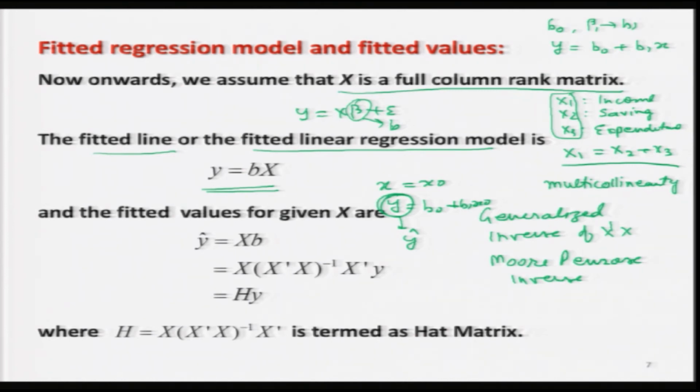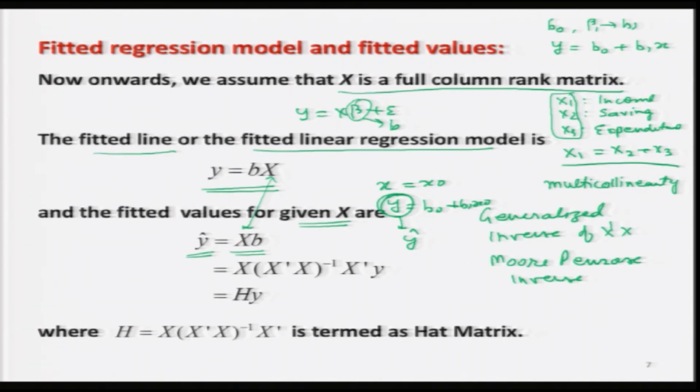Now, the same concept I am trying to extend here, and the fitted values for a given x are denoted by y hat, and they will be xb. I am using the same x over here, but now I am trying to obtain the value of y which are obtained through the fitted multiple linear regression model.